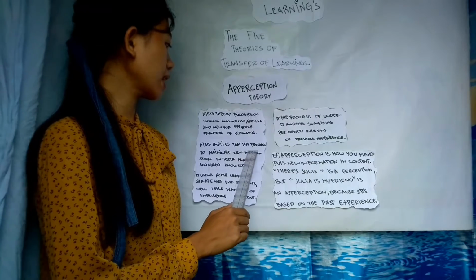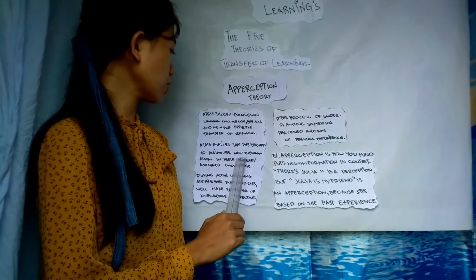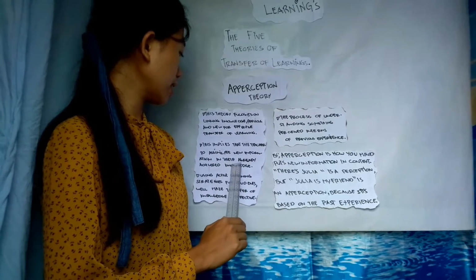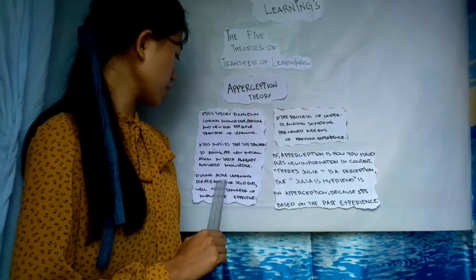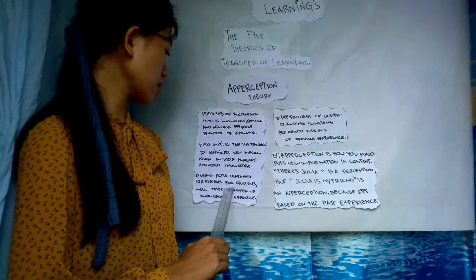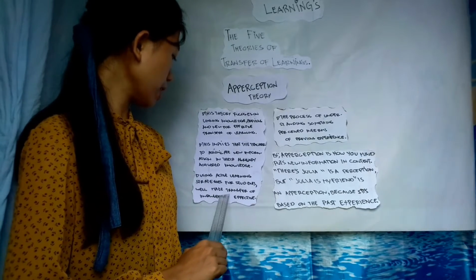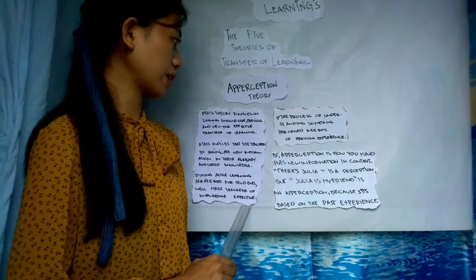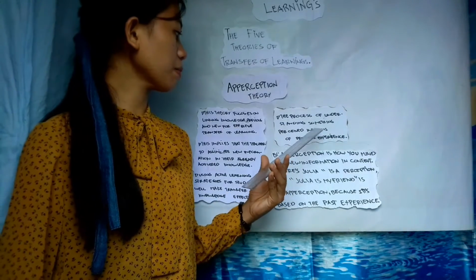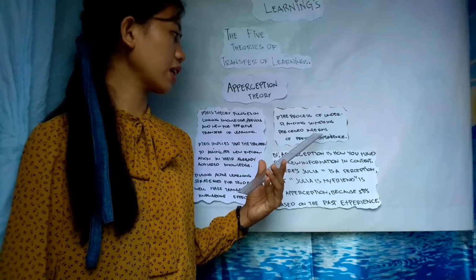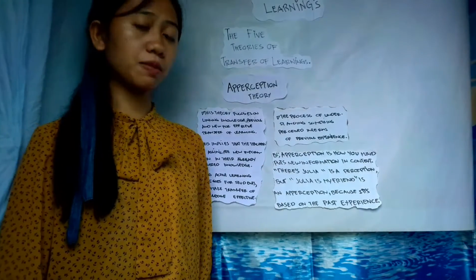This implies that teachers help students assimilate new information with the knowledge they already acquired. Using active learning strategies for students will make the transfer of knowledge effective. This is the process of understanding something perceived in terms of previous experience.